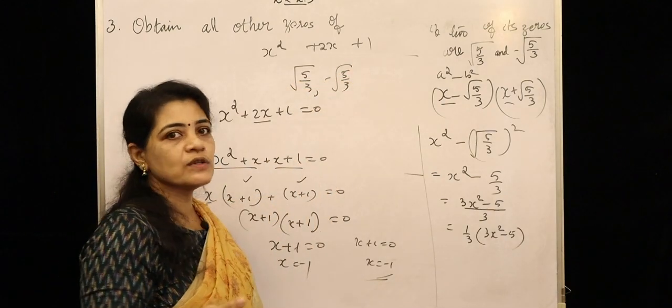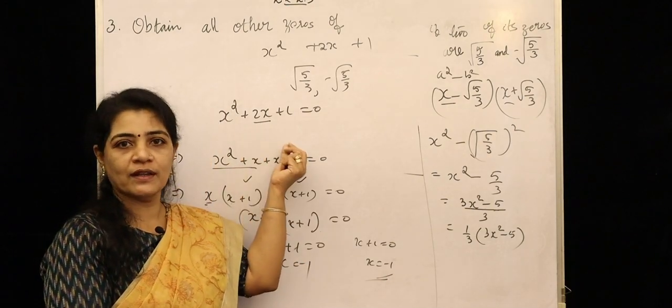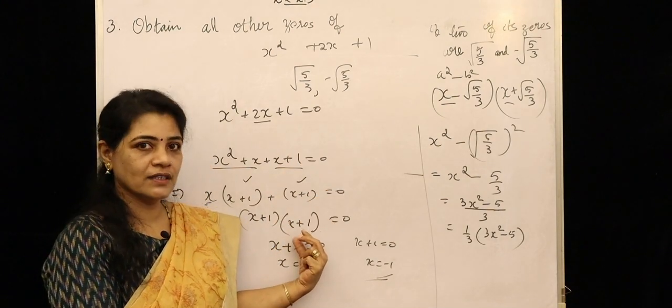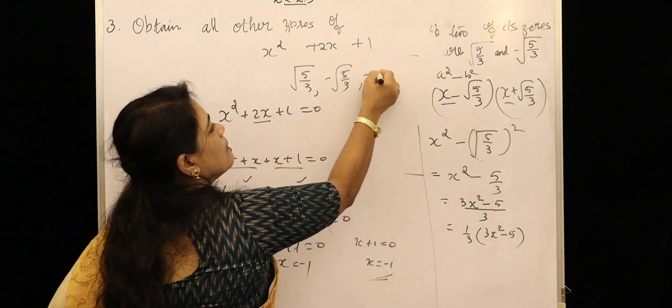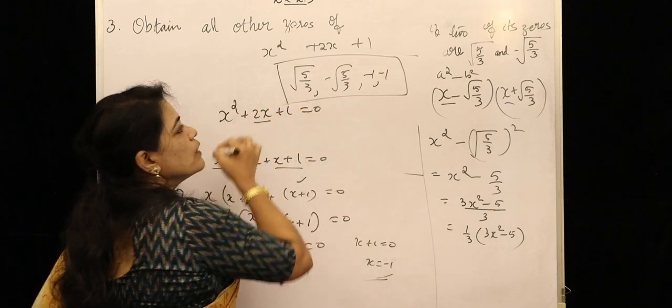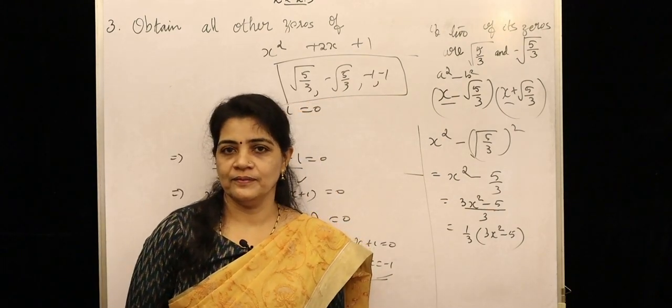The remaining zeros are 2 equal zeros because this is the identity of x plus 1 whole square. That means x plus 1 into x plus 1 equal to 0. That is what we got. So from this, the remaining zeros are minus 1, minus 1. Even if they are equal, we have to write both. So these are the remaining zeros of the given polynomial.